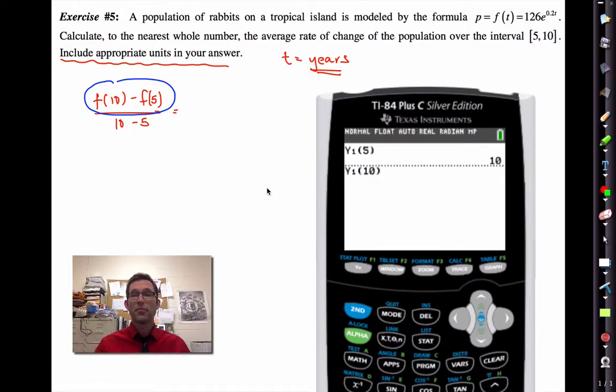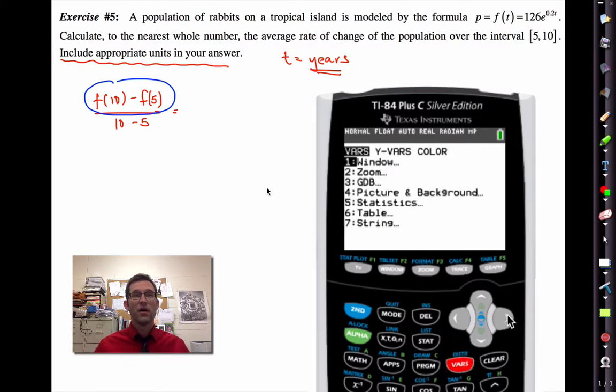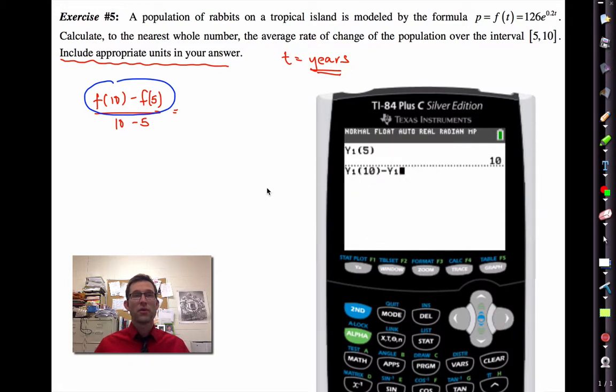So I'm now going to put minus, and then I'm going to do the whole thing again. Vars, y vars, function, grab y1, parentheses, 5, parentheses. Now I've got y1 of 10 minus y1 of 5, and that's exactly my numerator, so I hit enter. And now to get my final answer, I just do divided by 5. If it was more complicated, we could do divided by 10 minus 5, but it's not.